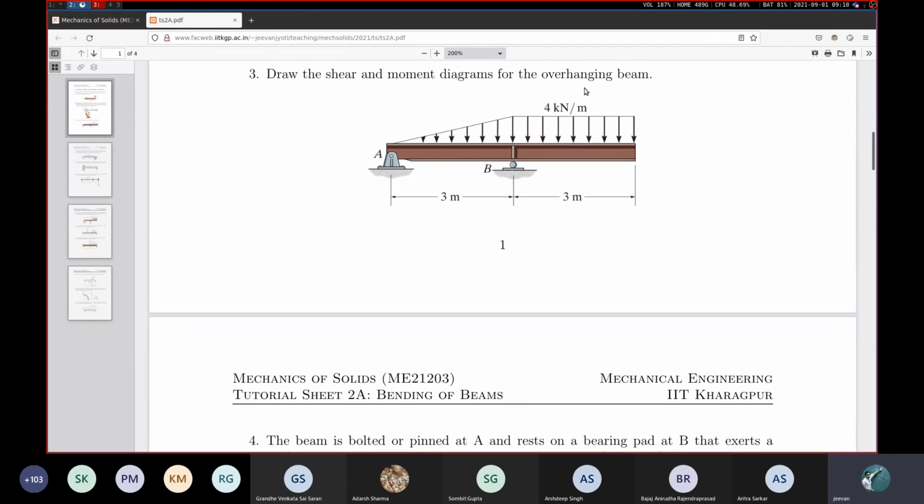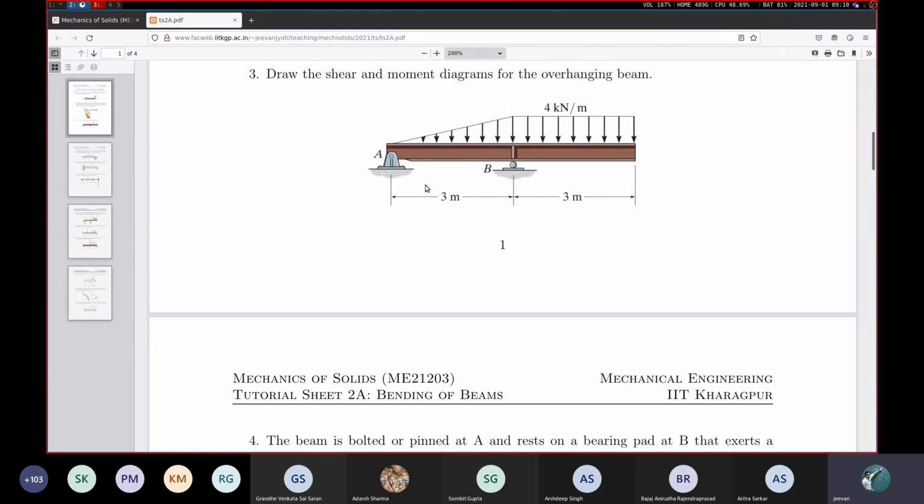This overhanging part of the beam does not change the nature of the statical determinacy of the problem. Just as before, all the other examples that we have been taking up, here also you will have two reaction forces, one in the horizontal direction and one in the vertical direction. And from this roller support here, you will have one vertical reaction force.